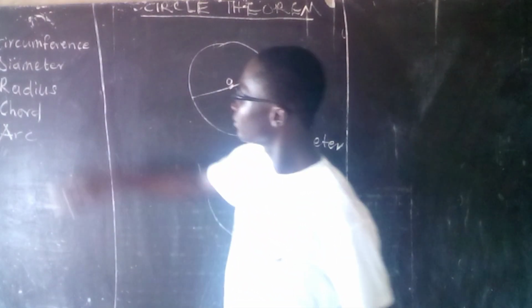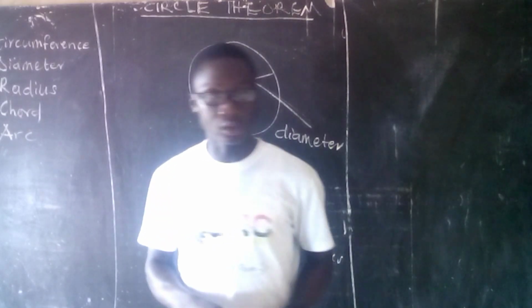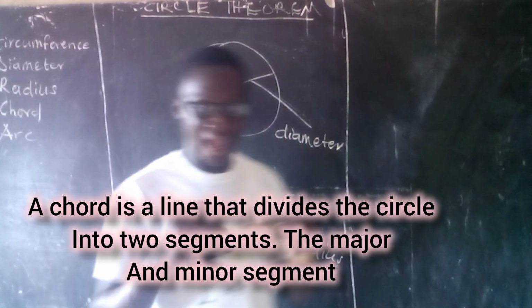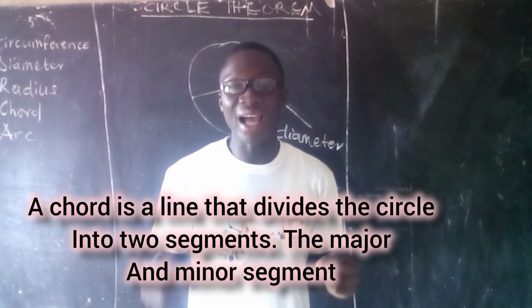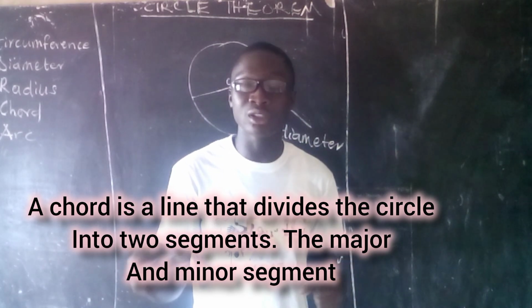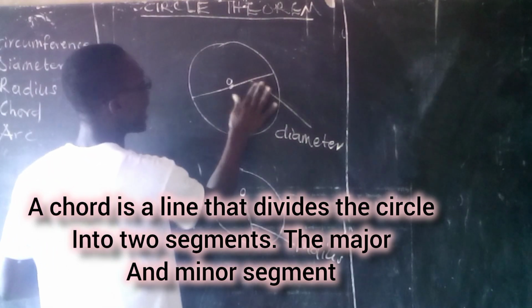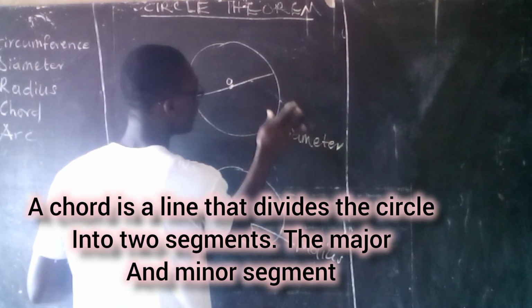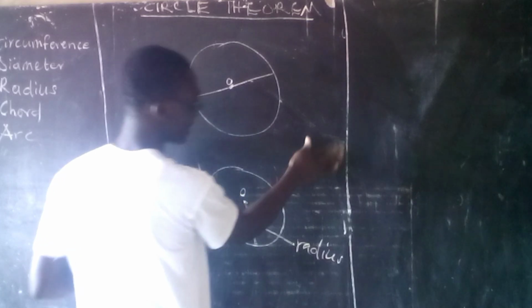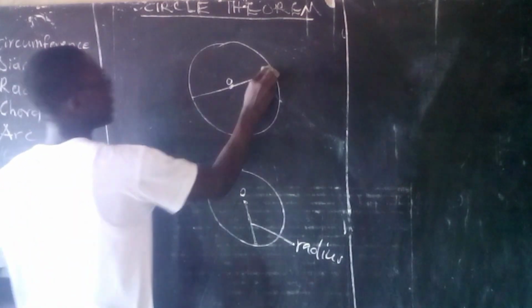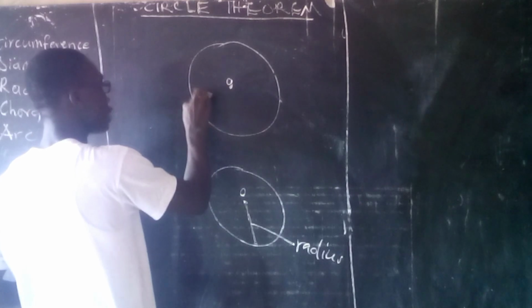Now, let's say we also have a chord. So, what is a chord? A chord is a straight line that divides the circle into two segments. A chord does not pass through the center of the circle. This is a diameter, but a chord is also a straight line.